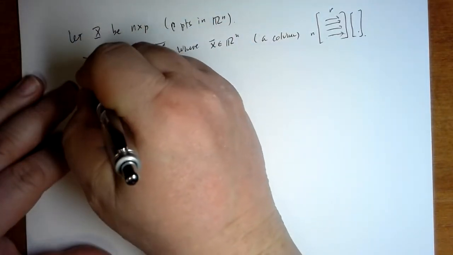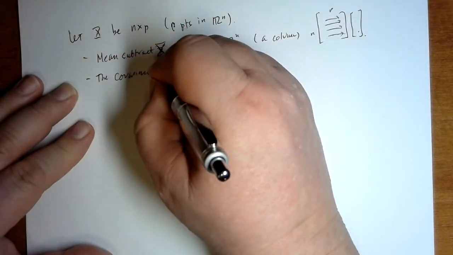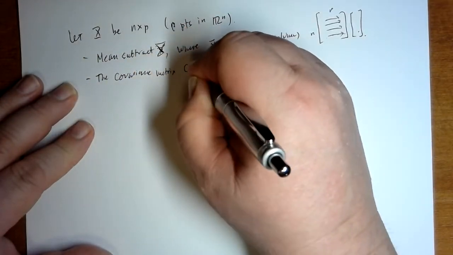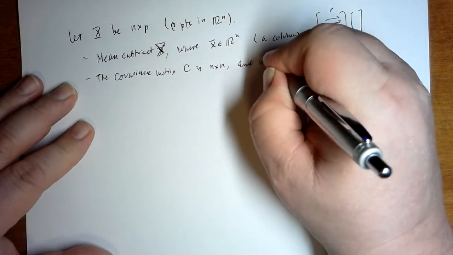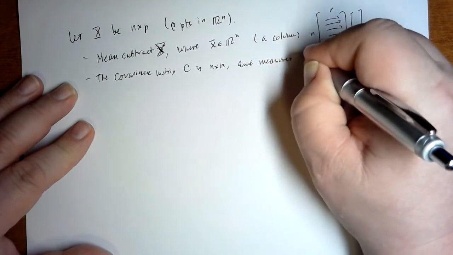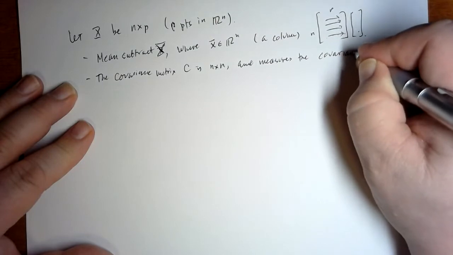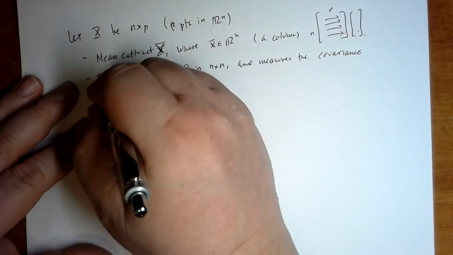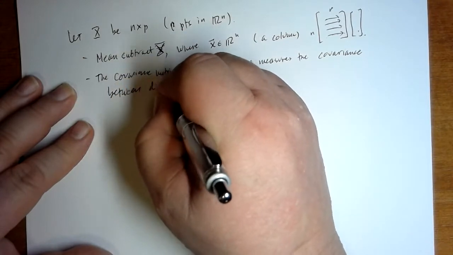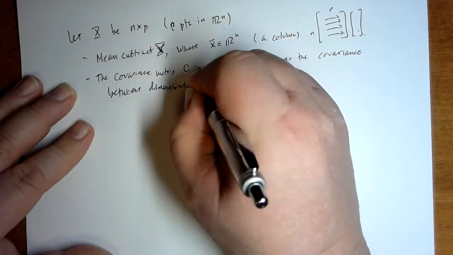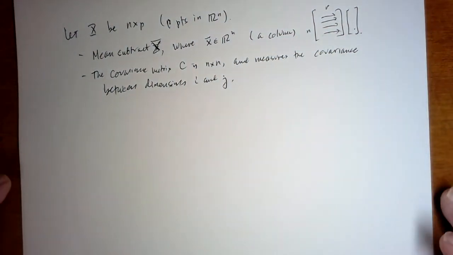Then the covariance matrix C is n by n, and measures the covariance between dimensions i and j of your data.